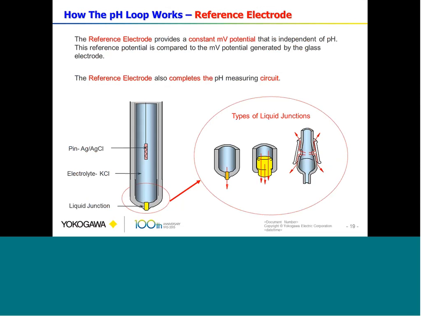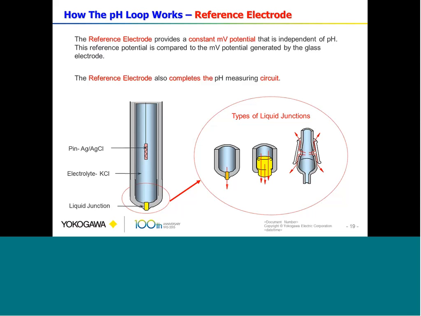The electrodes typically are either gel-filled, as I mentioned before, or liquid-filled. The gel-filled is an electrode that can't be refilled. Typically, it just diffuses through the junction at a slow rate until it depletes and is no longer useful.